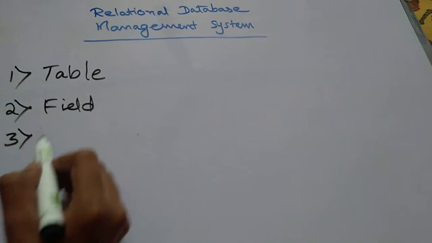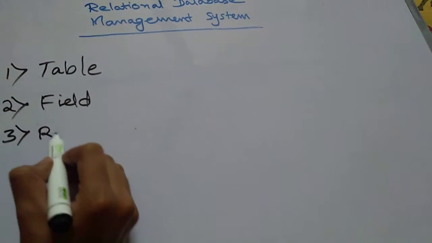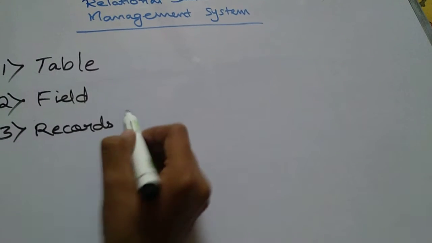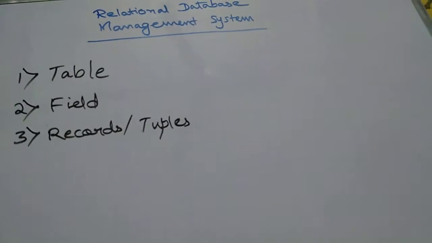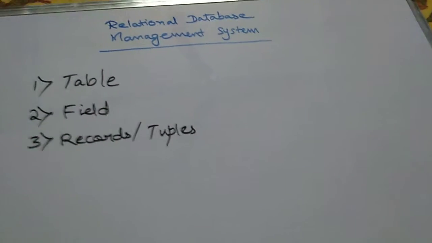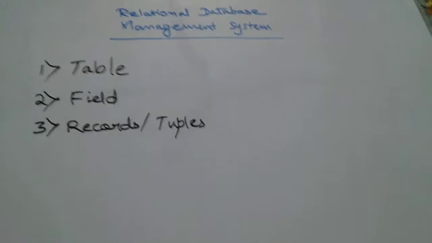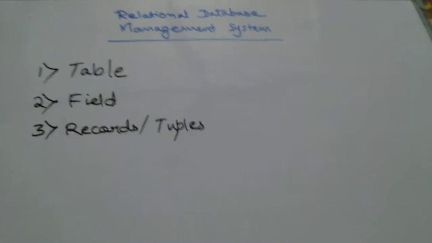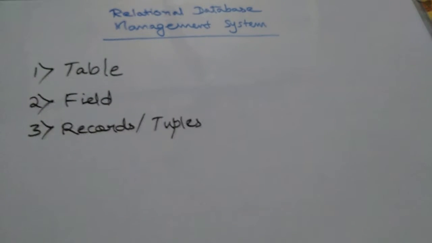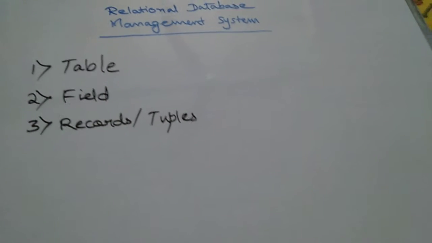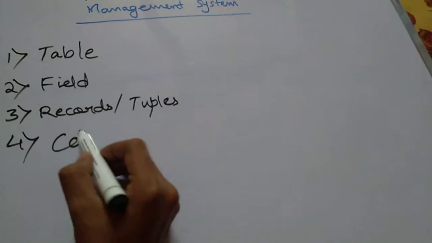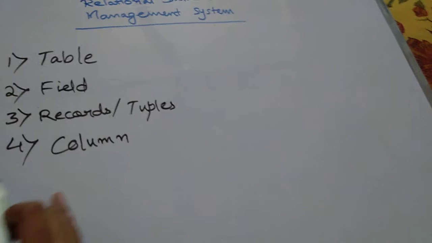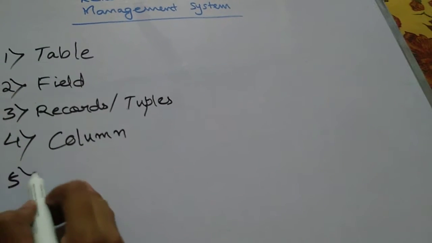The third one is records or tuples. First of all, let me write all these terms and then I will explain them one by one by showing an example. From that example, all the terms would be clear to you. So the fourth one is column, and the fifth one is null value.